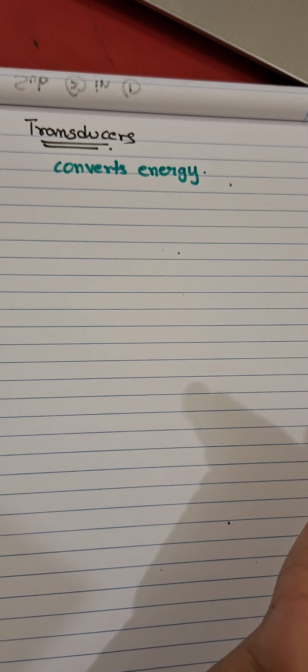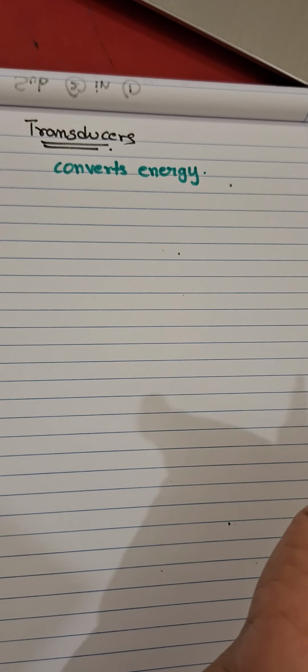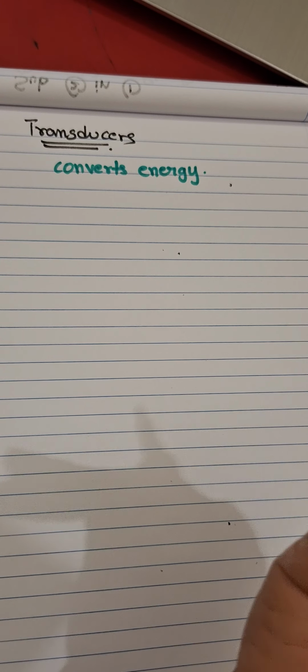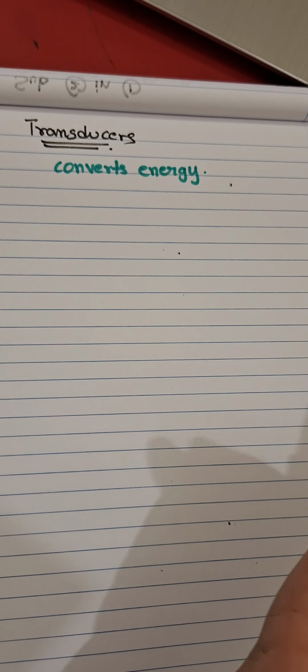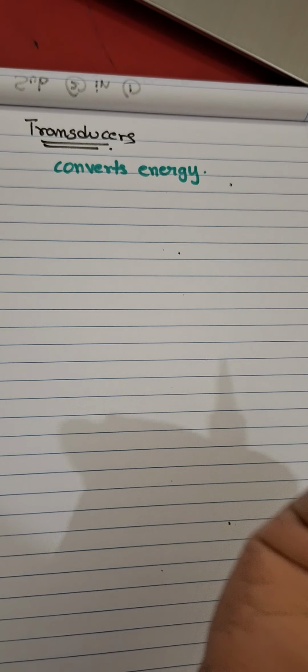So usually these transducers we will be using where we need measurement work. The reason is all the quantities whatever we have in existence are not easily measured. So you need something. For example, for voltage you take a voltmeter, for inductance you take an LCR meter, like what we call a multimeter.